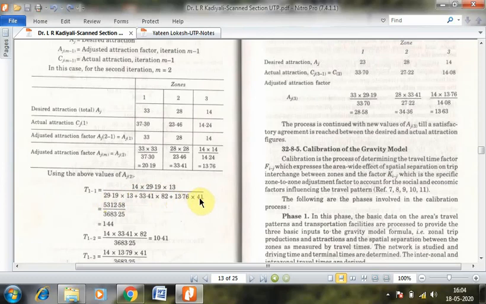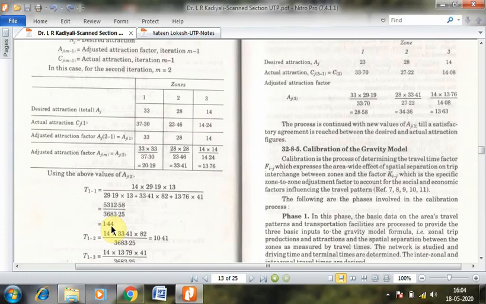Now the difference between the previous step and this step is that these values 29.19, 29.19, 33.41 and then 13.76 are only going to change. The remaining friction factors are going to remain the same. Correspondingly, if you try to solve this, you will get the answer as possibly 1.44.